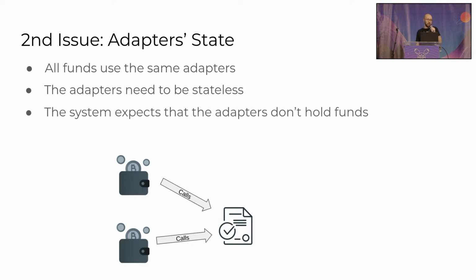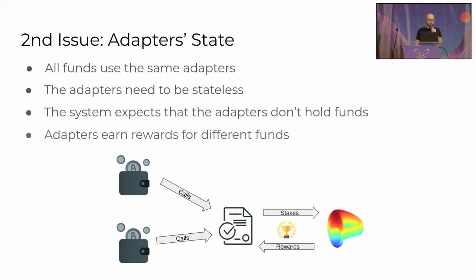Another really interesting issue that we commonly see is that the logic of the adapter somehow doesn't make clear to the external protocols that the adapter is just representing a fund, and it's not itself an entity that makes an investment.